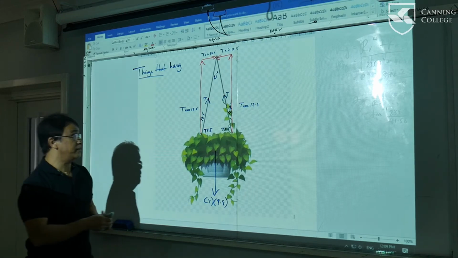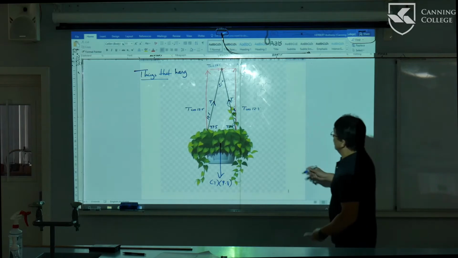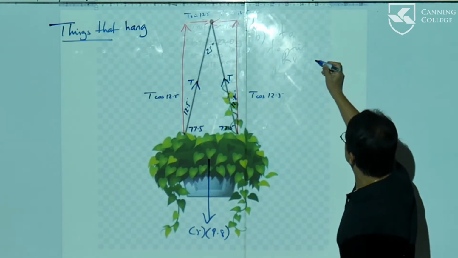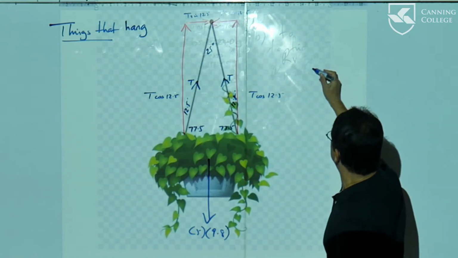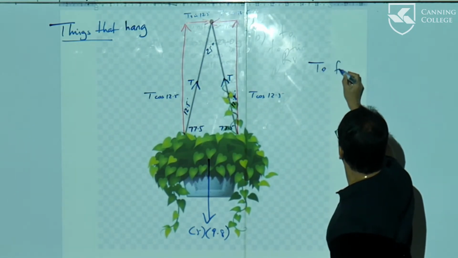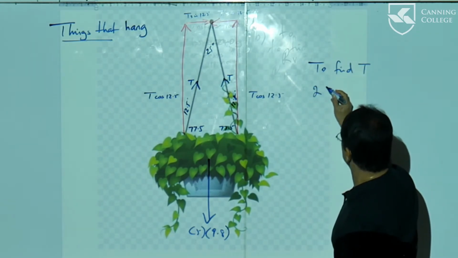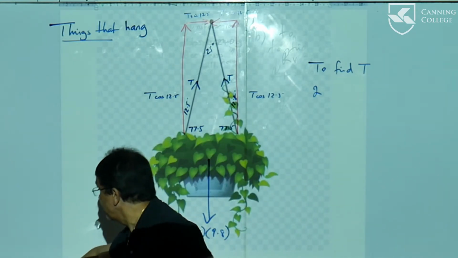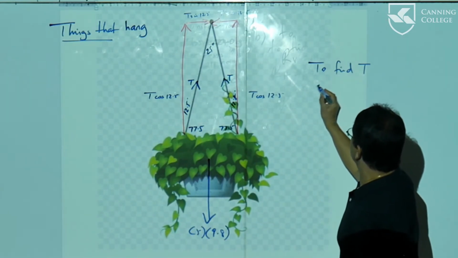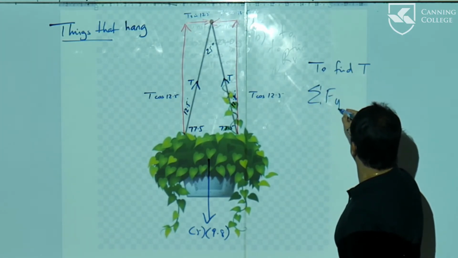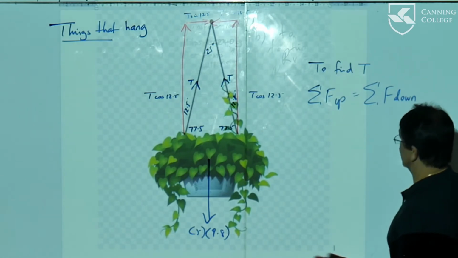All right, so what I've got here, I'm just going to touch my screen to make sure that we don't go into sleep mode. Clearly, T cos 12.5 plus T cos 12.5. Let's do it again. Let's stick with our laws of equilibrium. The sum of all forces up must be equal to the sum of all forces down in this question.